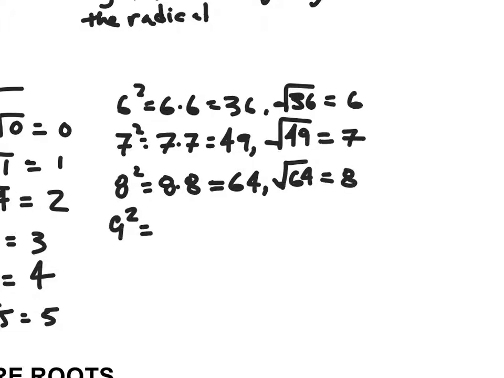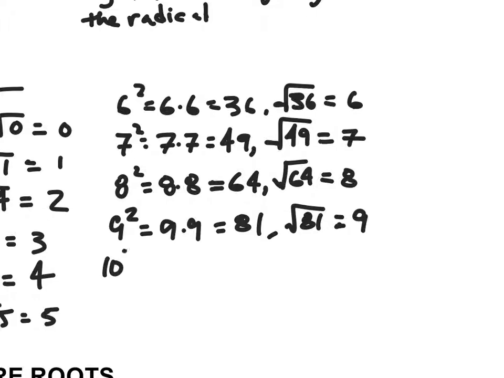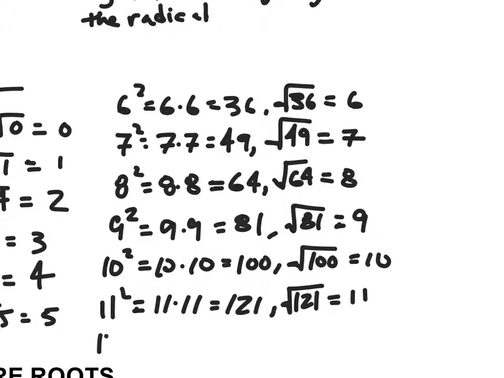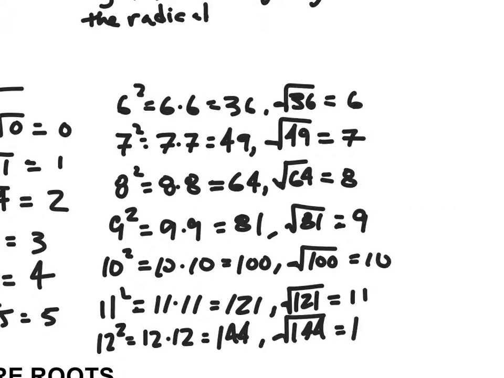If I do 9 squared, that means 9 times 9, which gives me 81, so the square root of 81 is 9. 10 squared is 10 times 10, which gives me 100, so the square root of 100 is 10. 11 squared is 11 times 11, which gives me 121, so the square root of 121 is 11. 12 squared is 12 times 12, which is 144, so the square root of 144 brings me back to 12.